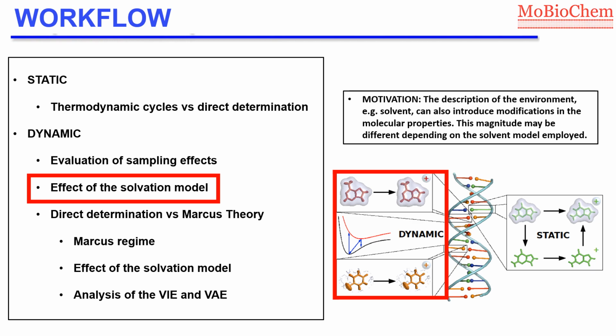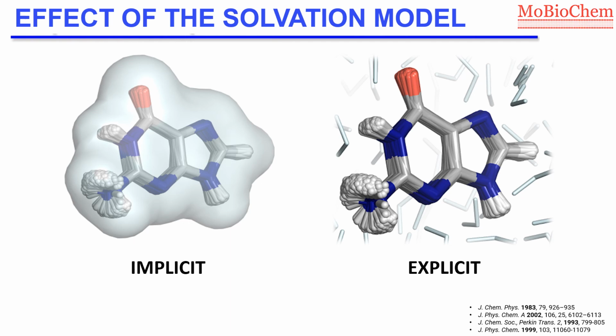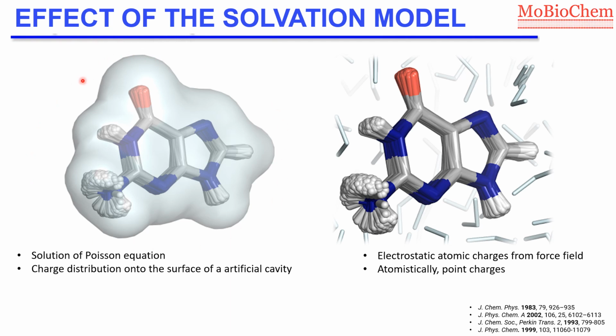After this, the solvation model was studied for the dynamic protocols. Concretely, two different solvation models were tested, an implicit one using COSMO and an explicit one using the TIP3P force field. When using the implicit solvation model, the solvent is defined by a dielectric constant and atomic radii, characteristic of each solvent.